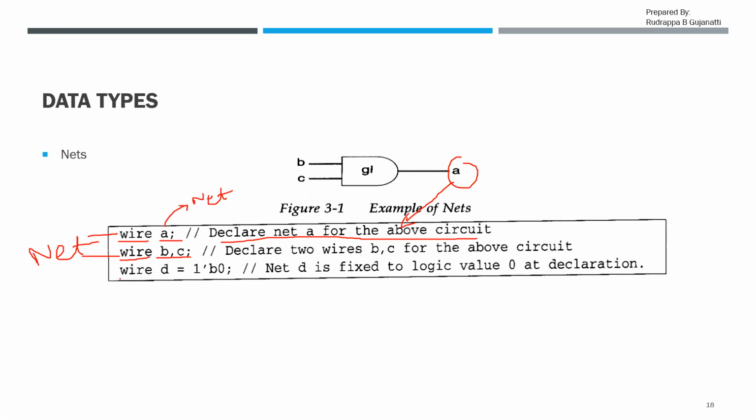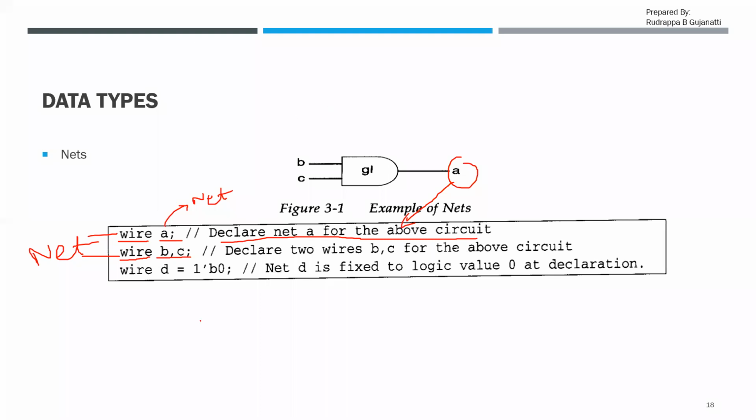Then lastly, one special thing is specified here. We have declared two types of net data types. Here we can see wire A and wire BC, and we have another one specified over here, which is wire D, of size 1 bit.